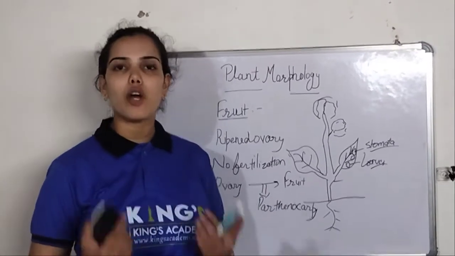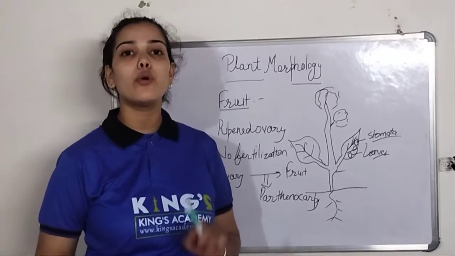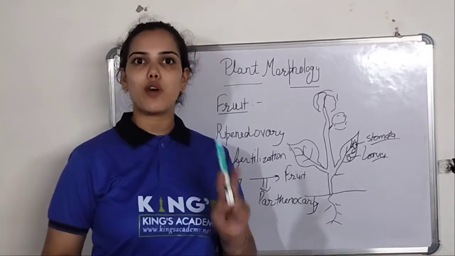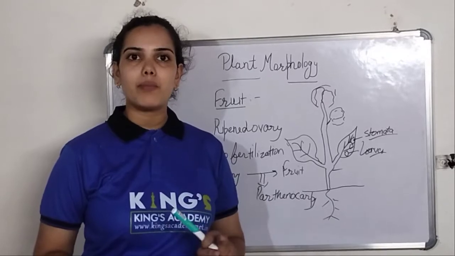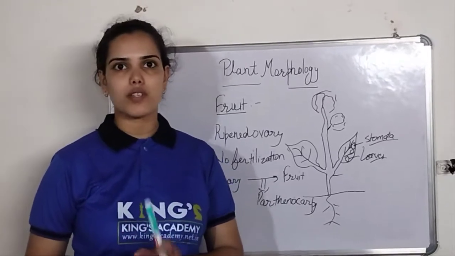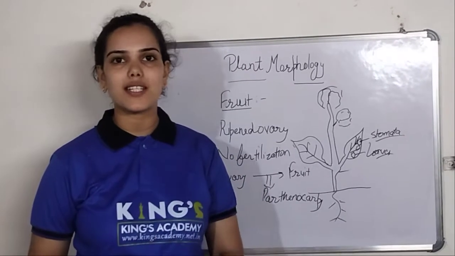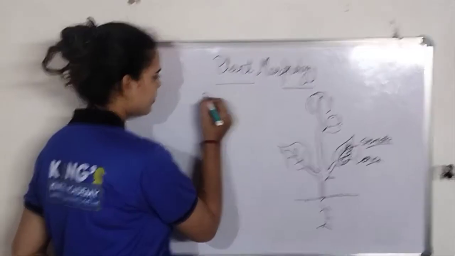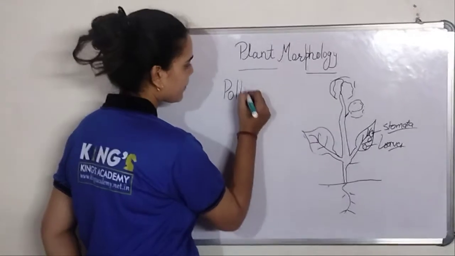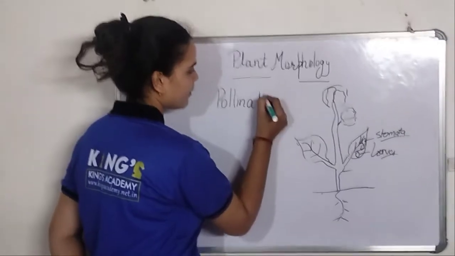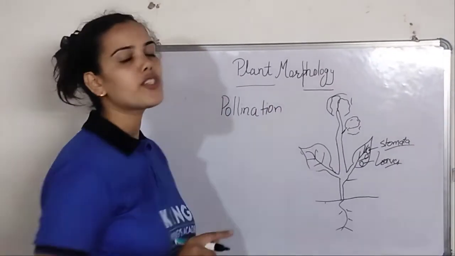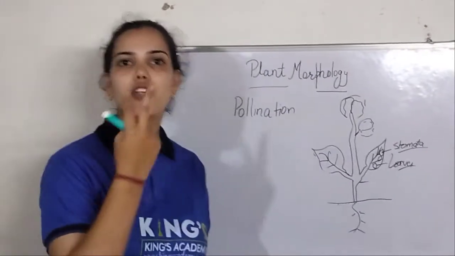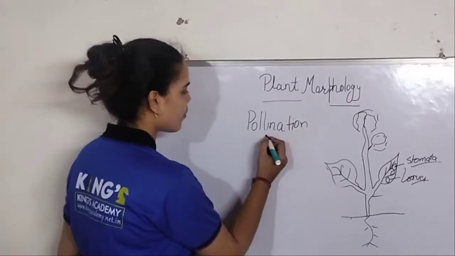Now when we are talking about fertilization, we need to know that in plants there are two types of reproduction, self and cross, which means self-pollination or cross-pollination.